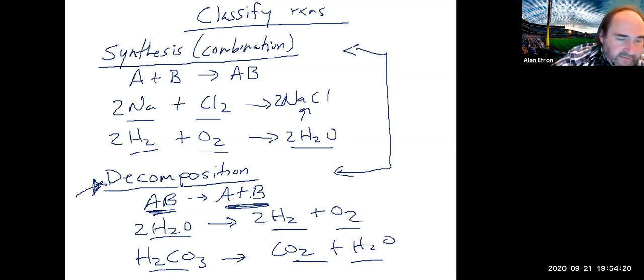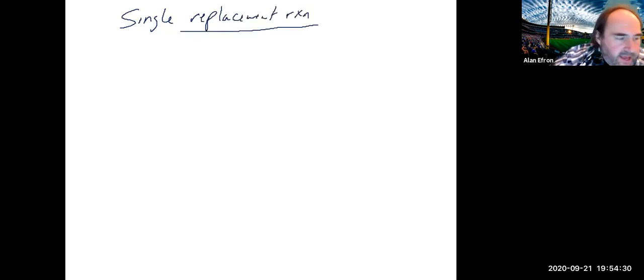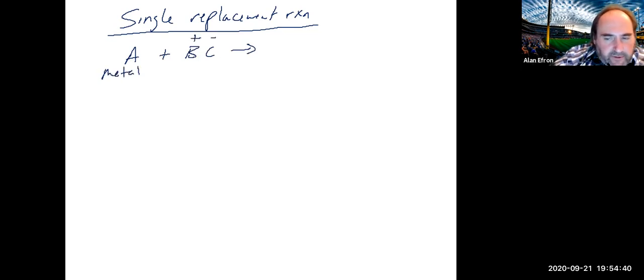Another common classification is a single replacement reaction. In a single replacement reaction, the way you can recognize it is A plus BC. A is a metal, and BC is an ionic compound, so a positive and negative guy together. This metal has no charge, it's just the metal by itself. When it does get a charge, it is positive, and it will come in and kick out the positive guy there.